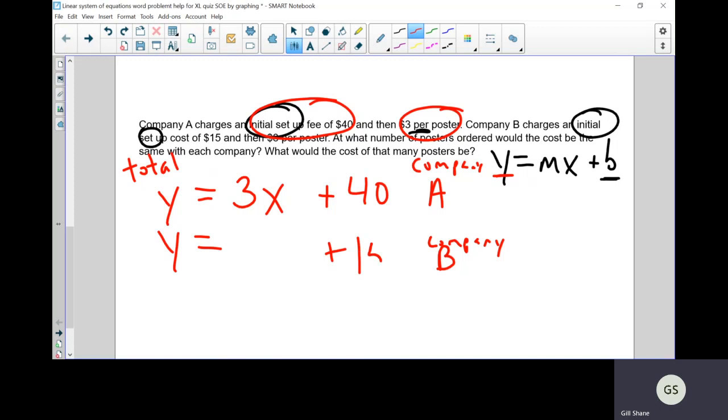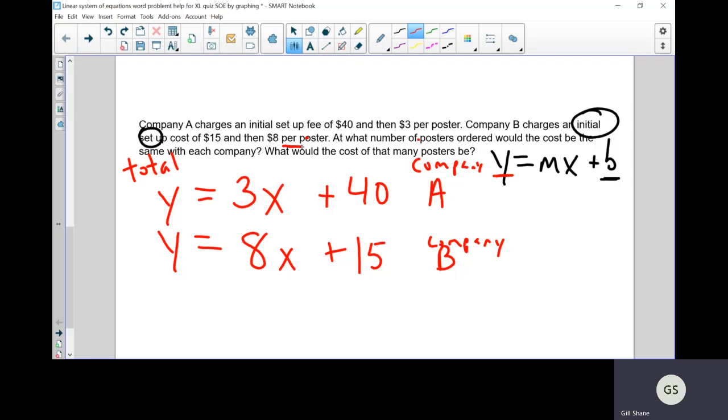They have a lower initial cost, but then they charge, I'm going to have to erase some of this, they charge $8 per poster. So I need to do $8 per poster for them. So my variable Y stands for the total cost.